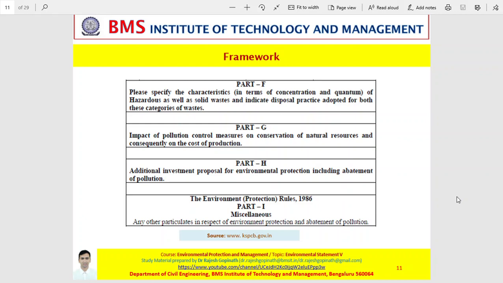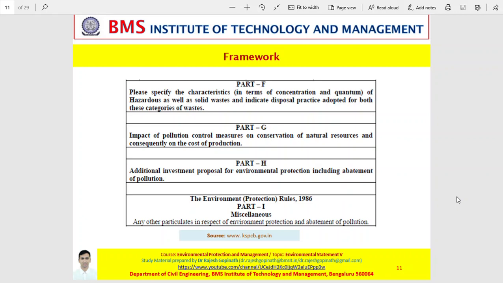In part F, the industry has to provide data with respect to the strength and the quantity aspect of hazardous waste and solid waste, which was discussed in part E. Not only is the industry expected to describe the characteristics, but it must also list what all disposal practices they have been following.